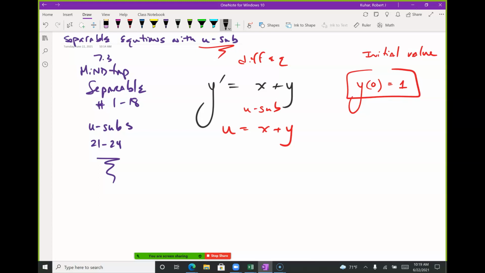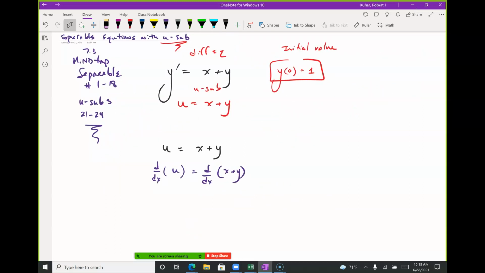So the trick is to start with the u sub. So if u is x plus y, let's differentiate, right? Let's do d dx of both sides. d dx is my operator derivative, correct? What happens on the left side? Back to implicit differentiation.